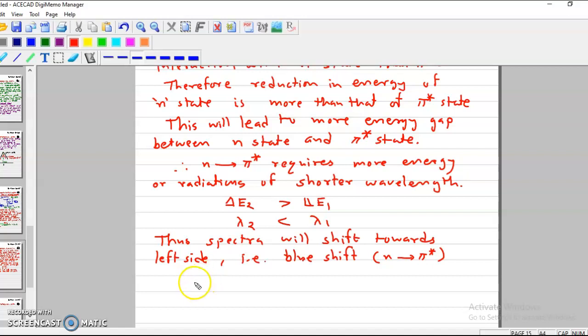So this is the solvent effect on the n to pi star transition.